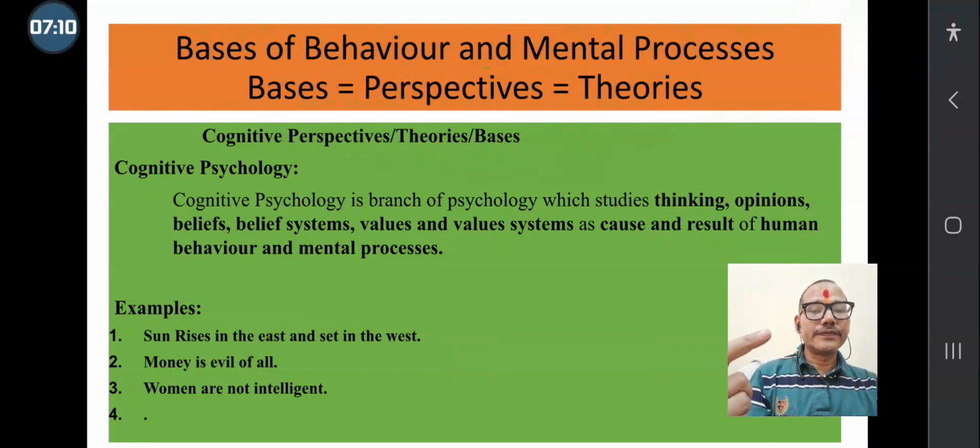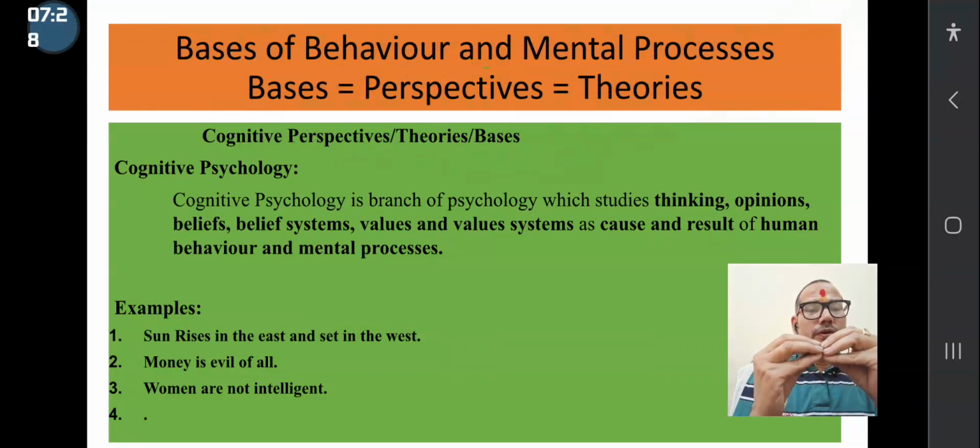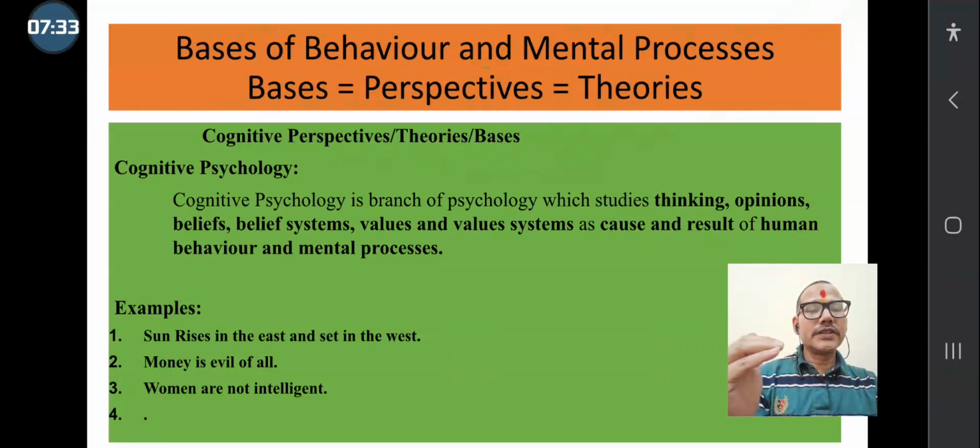Similarly, some people have an idea that women are not intelligent. That is not a fact. See, in the Ramayana it is said that no animal or human being on this earth is not intelligent. It means everybody is intelligent. Even mentally retarded people have an intelligence score between 20-30 to 70, and normal people have an intelligence score of 90 to 110.